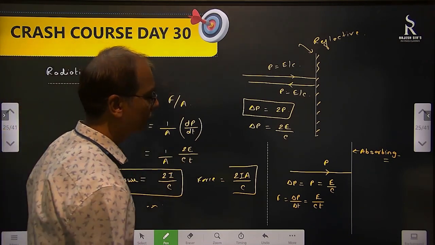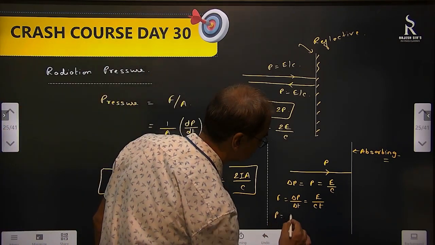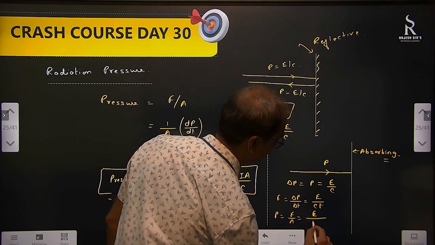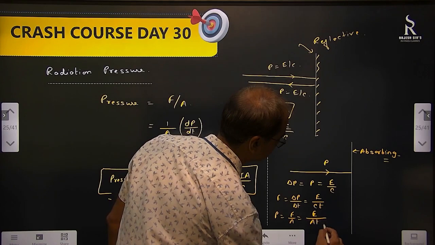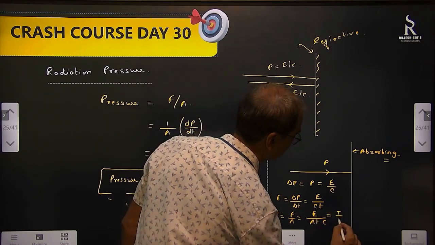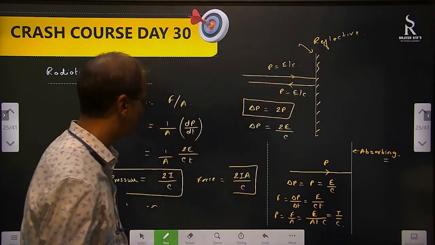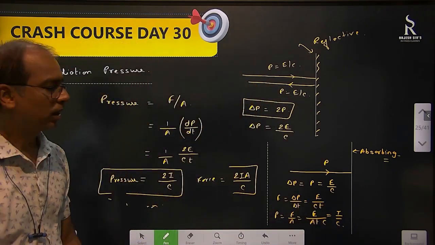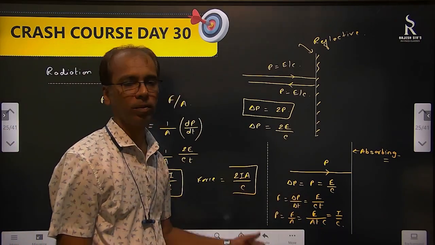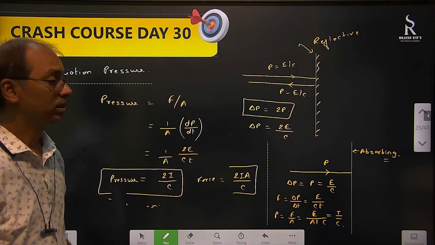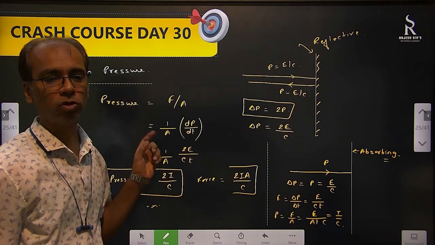Pressure is force by area, E by A into T. Energy per unit area per unit time is I. Pressure is I by C. Here it was 2I by C. Here it is I by C. And force is IA by C. Here it is 2IA by C. So remember that these kinds of questions are also asked. Same thing we'll see in photons also.